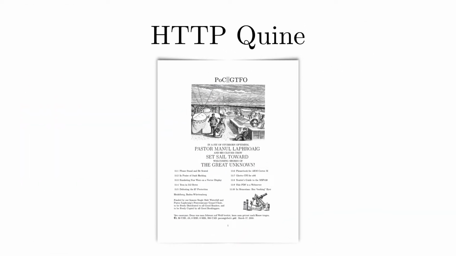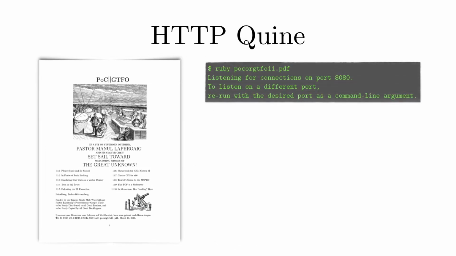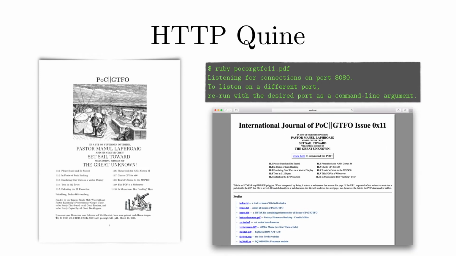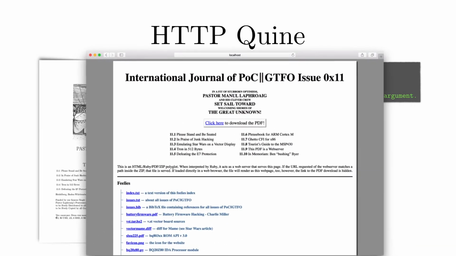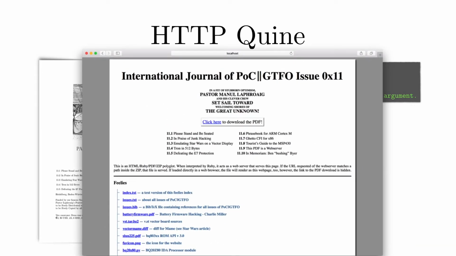By this point, I hope you won't be surprised that a PDF can also be a valid Ruby script. When you interpret the PDF using Ruby, it starts a web server, and if you navigate to that web server, it serves a representation of the title page, and the Ruby script also loads itself into memory.